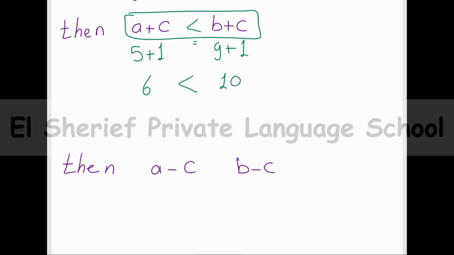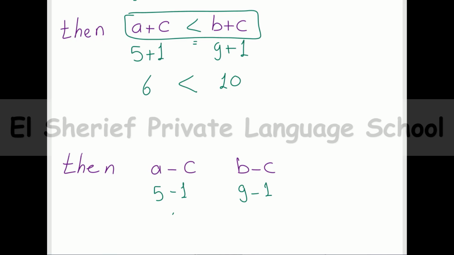That was for addition. For subtraction, if we subtract the same number from both sides of the inequality, does the sign change or not? Let's see. A equals 5 and B equals 9, then subtract 1 from both sides.